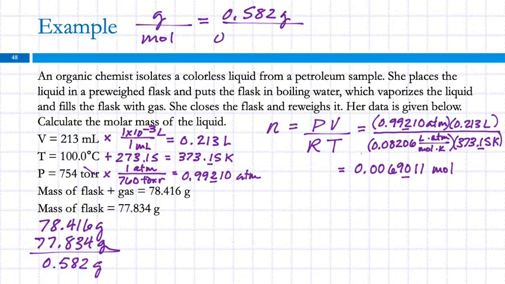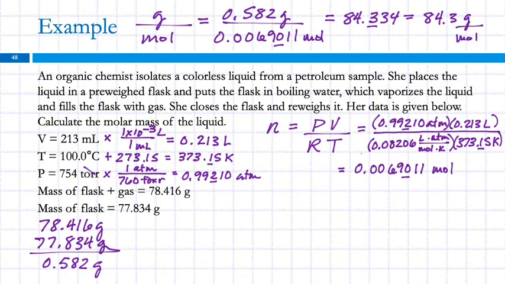So I'm going to put that number in up here. So 0.582 divided by 0.0069011, which would be 84.3 grams per mole.